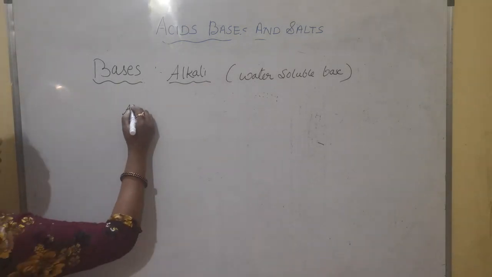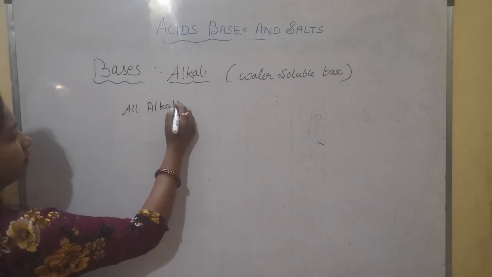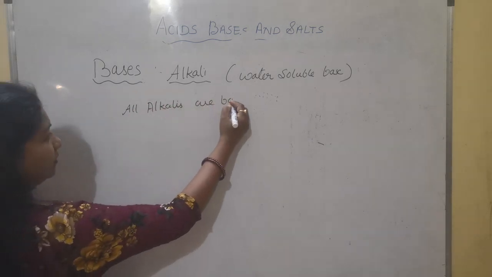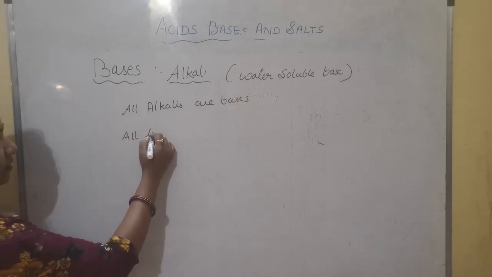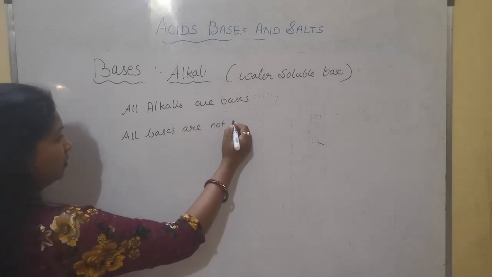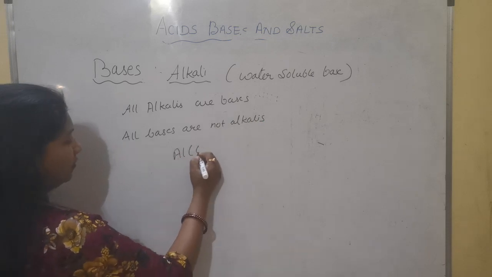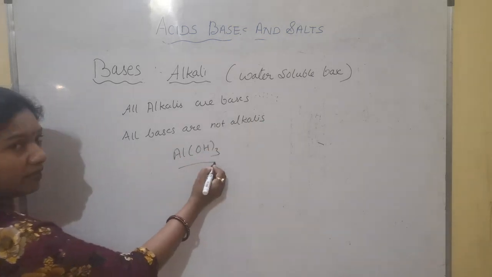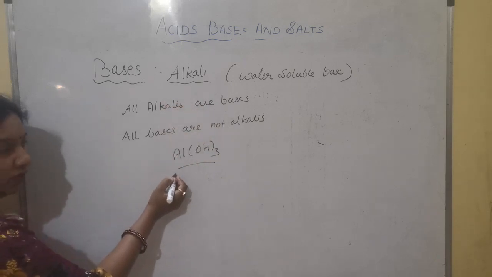All alkalis are bases. But the reverse is not true. All bases are not alkalis. Like aluminium hydroxide, it is a base, but it is not an alkali because it is insoluble in water.